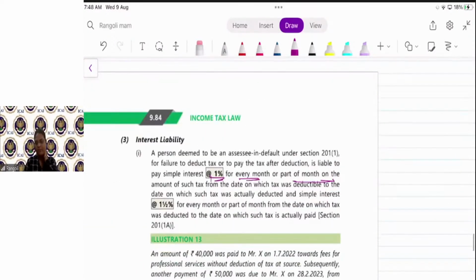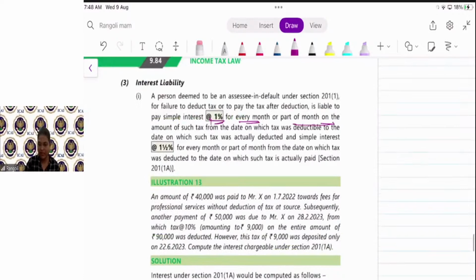Now, say a person is required to deduct TDS and he fails to deduct TDS and deducts it later. For example, you need to deduct TDS in the month of July, but you have deducted TDS in the month of next February. So there is late deduction of TDS, yes or no?